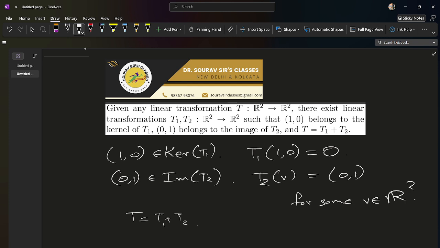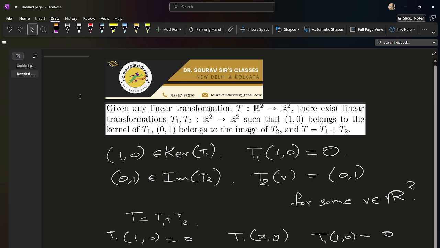For T1, the vector (1, 0) must map to 0. This implies that T1 can be defined in such a way that T1 of (1, 0) is equal to 0, while it can act arbitrarily on the rest of R square.